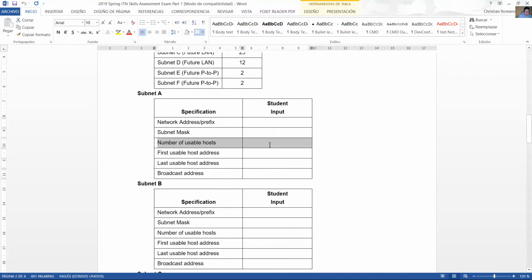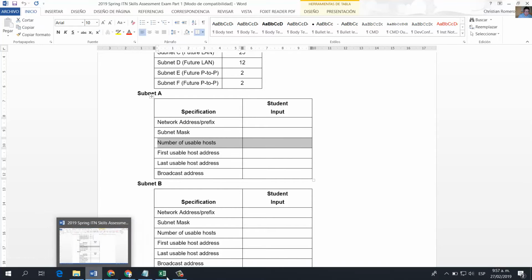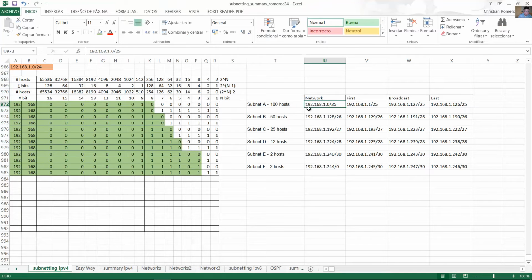Number of usable hosts. The required host is 100, but the usable host for this subnet mask is this, 126.